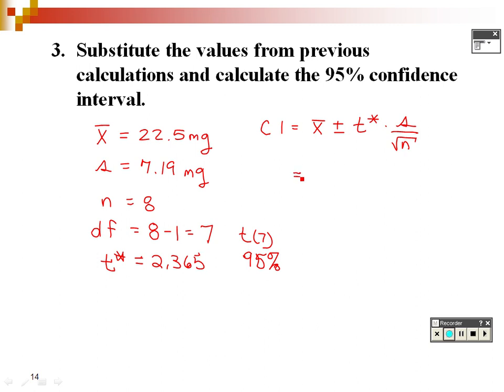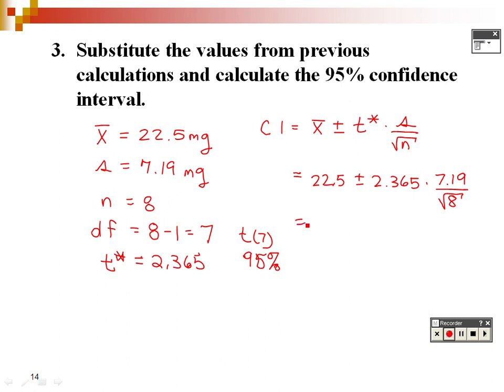So our interval is going to look like 22.5 plus or minus our t-score times the sample standard deviation divided by the square root of the number of samples, which is still 8. That has not changed.